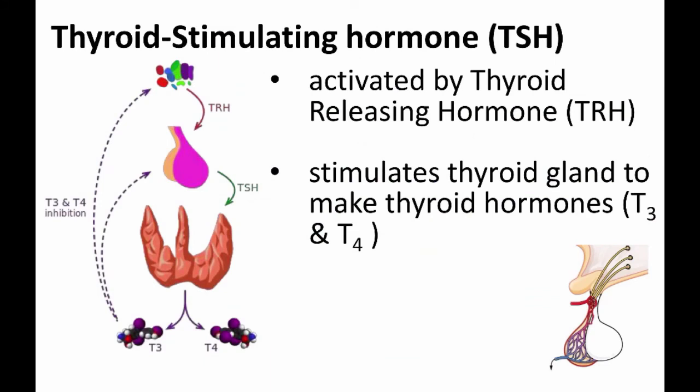The thyroid stimulating hormone, produced by anterior pituitary in response to thyroid releasing hormone, stimulates the thyroid gland to make triiodothyronine, which is T3, or thyroxine, which is T4.